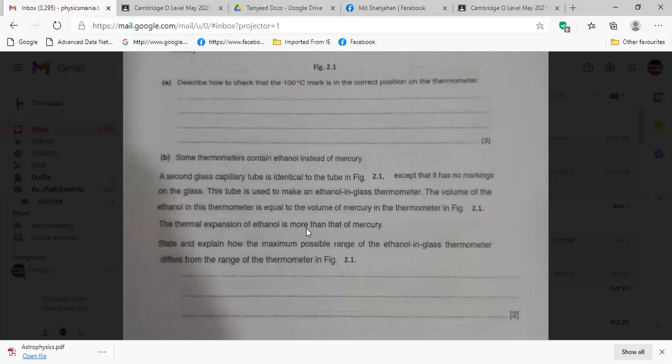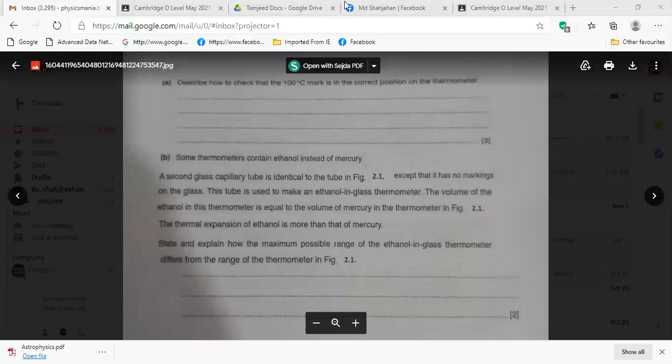If the thermal expansion is more, you cannot measure for a larger temperature scale, because by increasing the temperature a little bit, the length of mercury is done. You cannot read more. Is it clear?